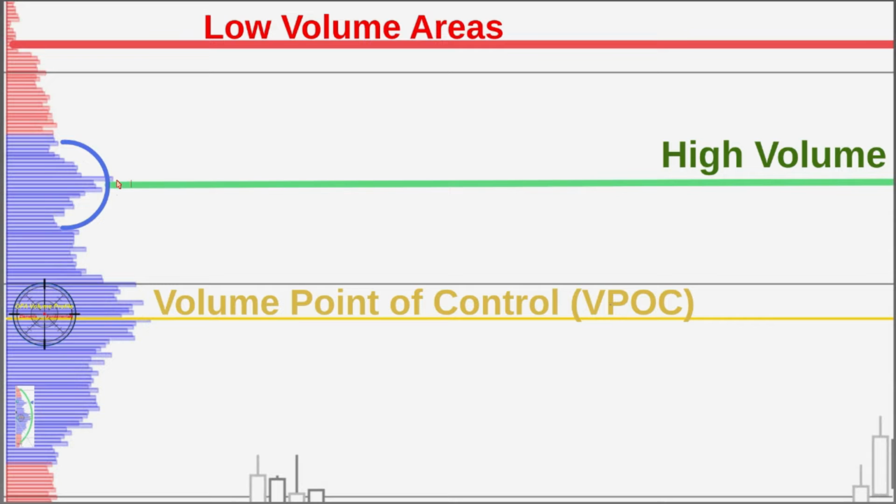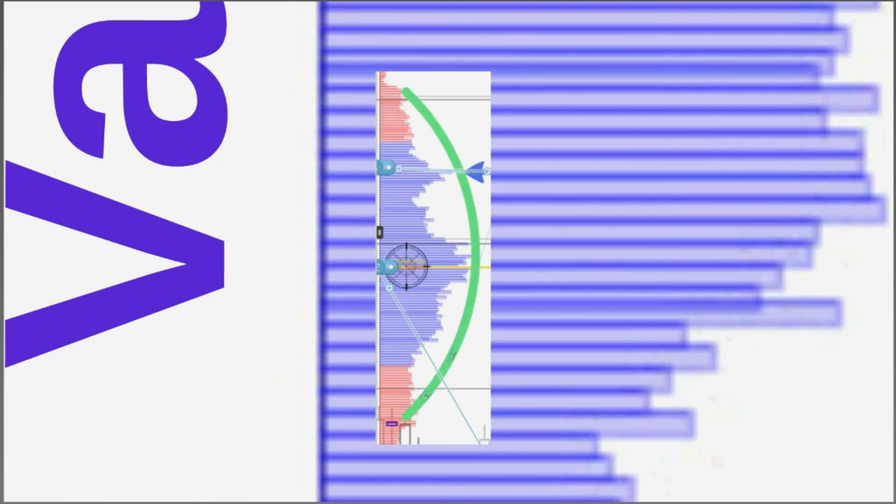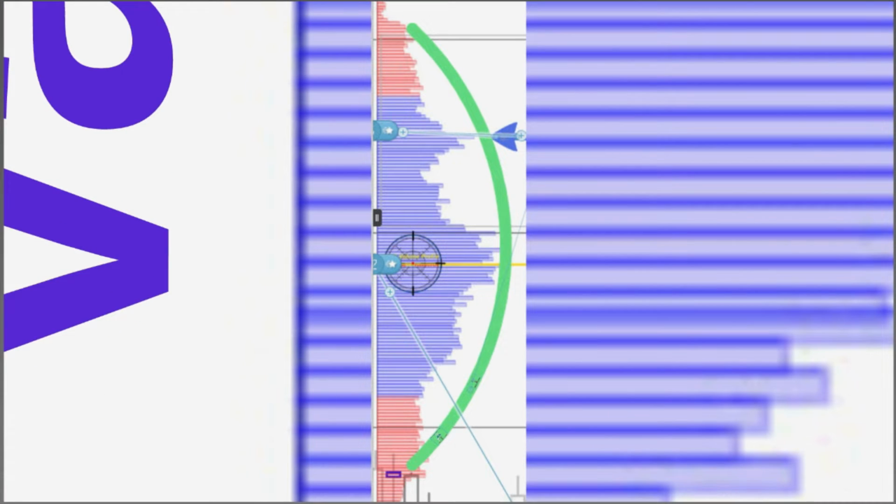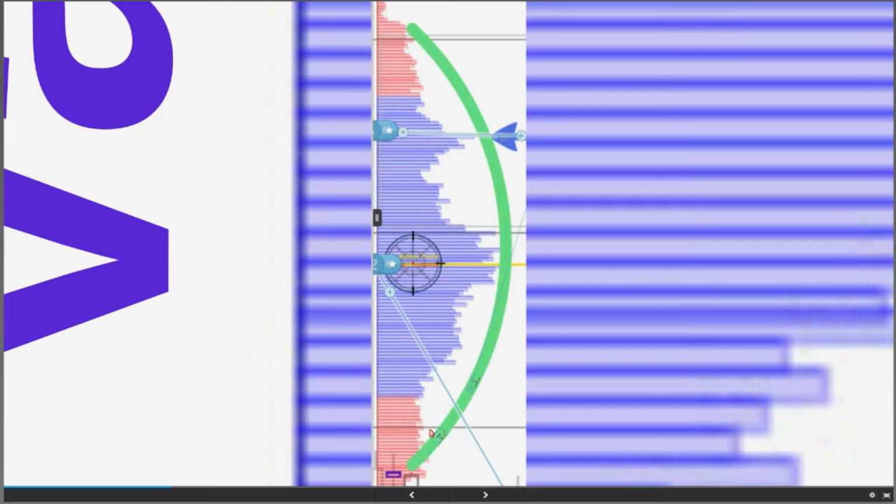The next element that I want to talk about is this thing called the high volume area. And that would be right here. A high volume area, we're going to go through the attributes of that, is represented by the peak of this distribution, this bell-shaped curve.